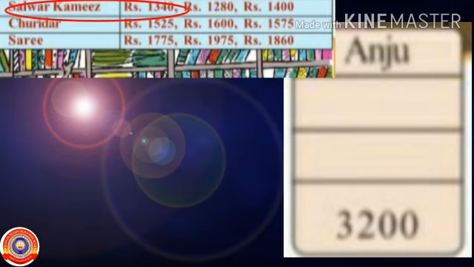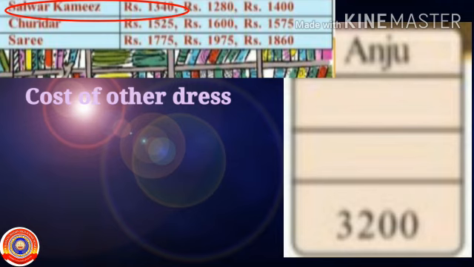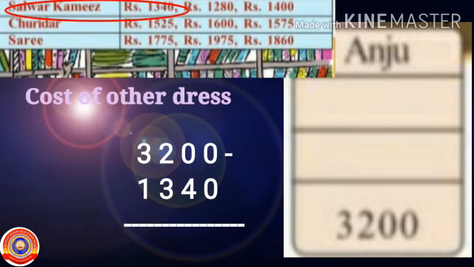So, to find the cost of the other dress, we have to subtract 1,340 from 3,200. 3,200 minus 1,340. 0 minus 0? 0. Look children, here we can't subtract 4 from 0. So, borrow 1 from 2 and carry it with the 0 in the tens place.